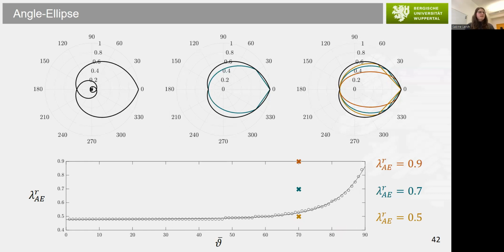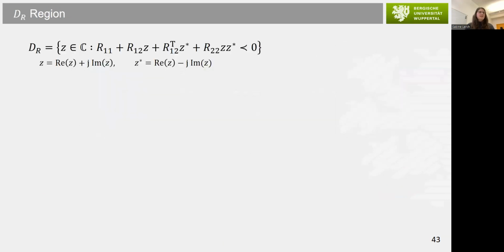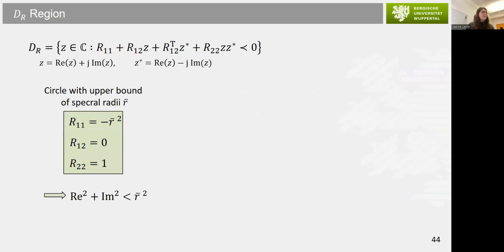And such an angle ellipse is always convex and can be interpreted as a DR region. The DR region is an area in the complex plane defined by the 3 parameters R11, R12, and R22. For example, a circle is defined by this parameter setting, which can be seen by substituting those parameters in this inequality, then it follows the circle inequality.